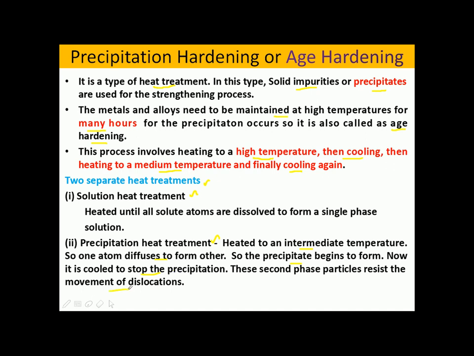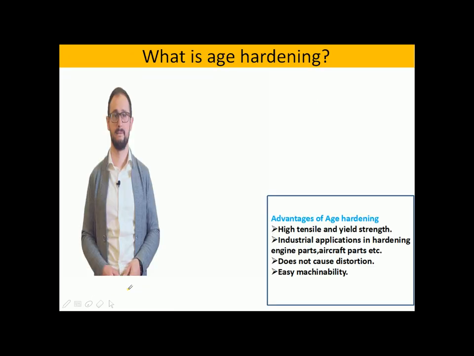So this is the process of precipitation hardening or age hardening. Now in this video, how age hardening is done in gold metal is explained. See here.